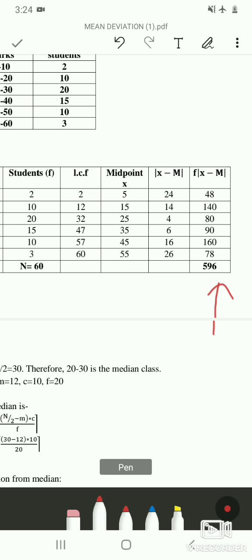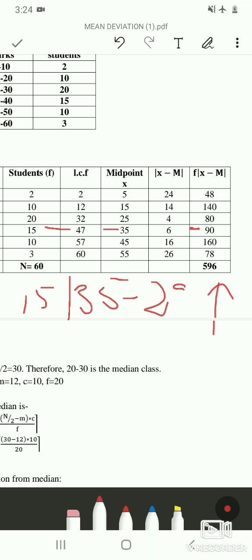So let's see for one cell. Okay, let us check for this cell. So here the corresponding frequency is 15. So 15 into the x value is 35 minus, we know the median is 29. So after you simplify, that is 35 minus 29 into 15, you'll get the value as 90.